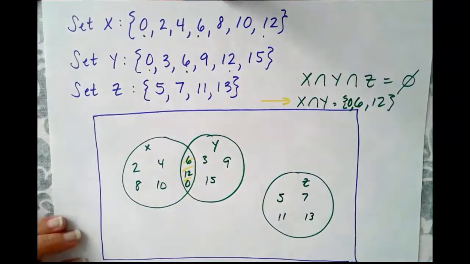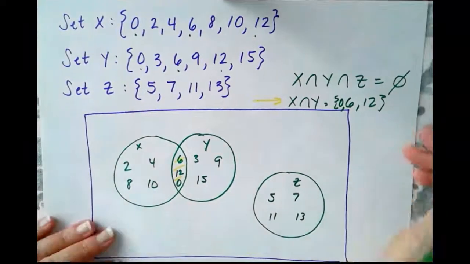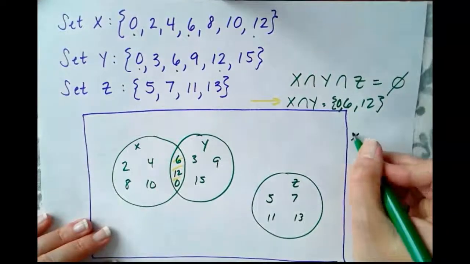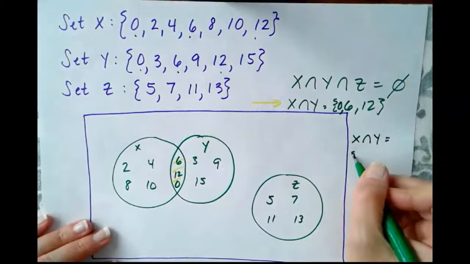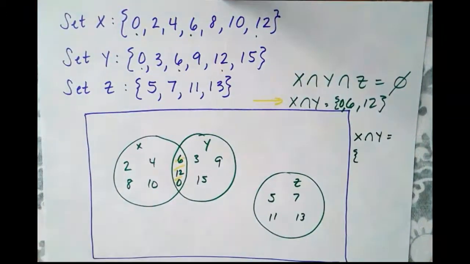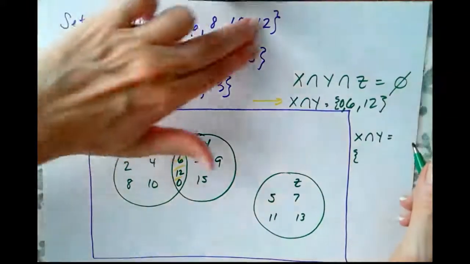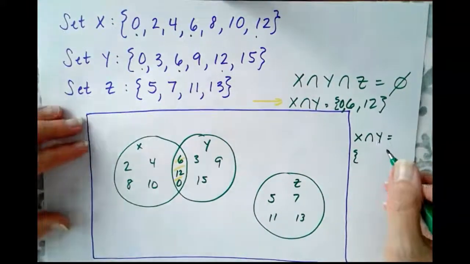So, what do we have here? Let's see if we can squish a union right over here. X union Y. Remember, X union Y are all the elements that exist in X or Y at the same time, one or the other. So that's going to be all of the numbers, even the ones that are in the intersection.